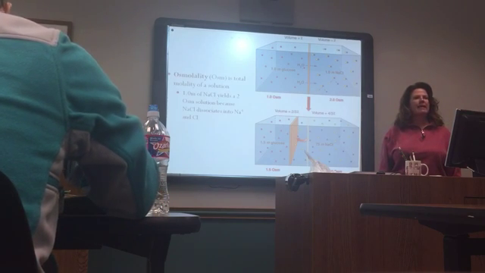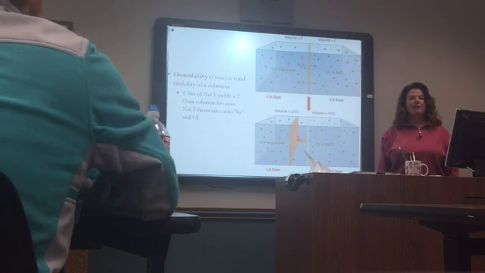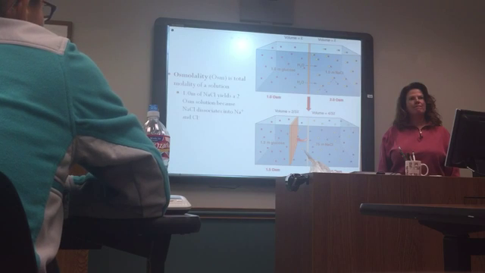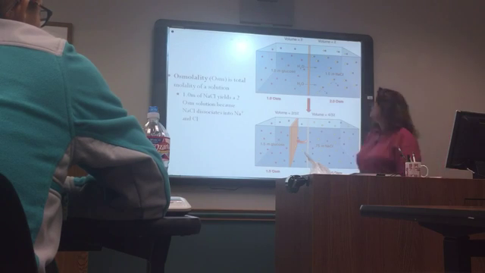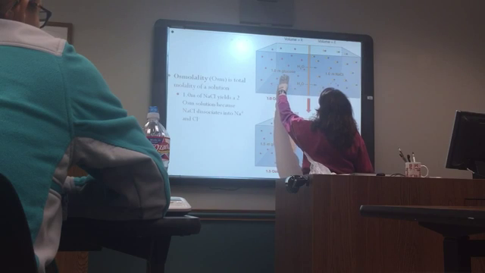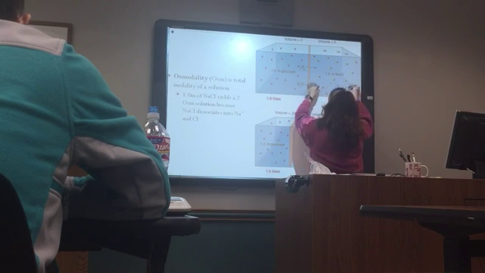Now we put it all together. Do you remember ionic bonds? What happens to an ionic bond in water? It comes apart. So here we have 1 molal of glucose, which is a covalent bond, and 1 molal of sodium chloride. The sodium chloride comes apart.